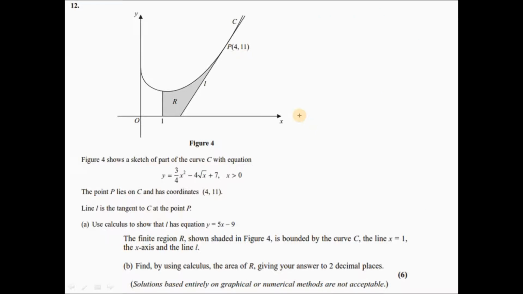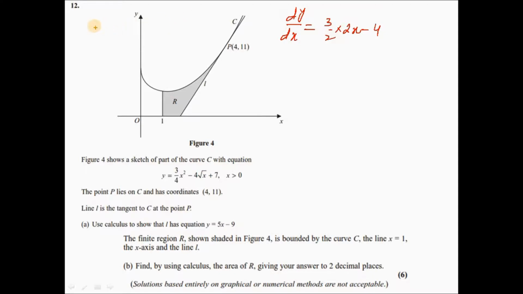So let's see. First you need to differentiate. So dy by dx is equal to, once you differentiate this, 3 by 4, and the derivative of x squared is 2x, minus 4 times the derivative of root x.